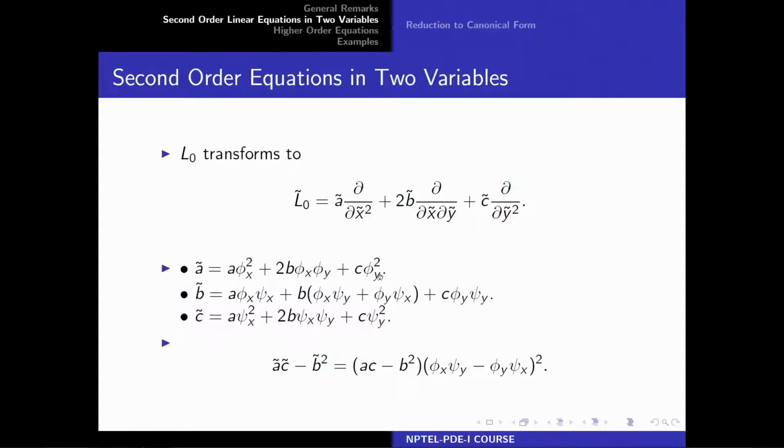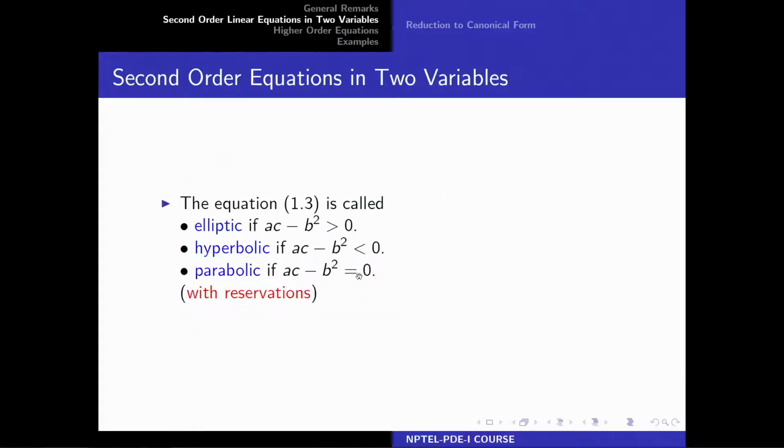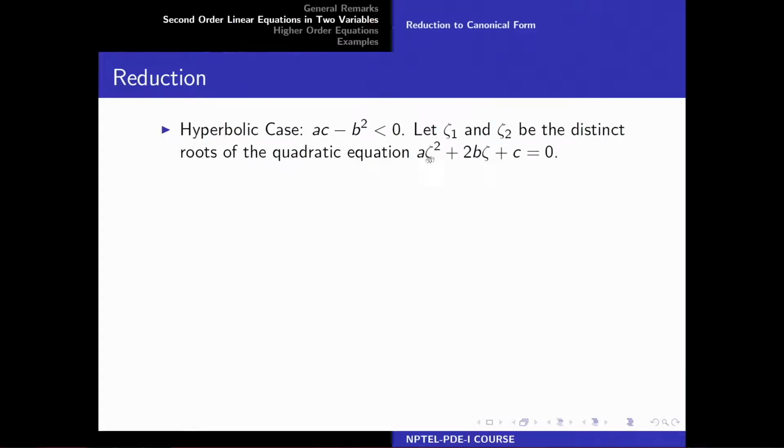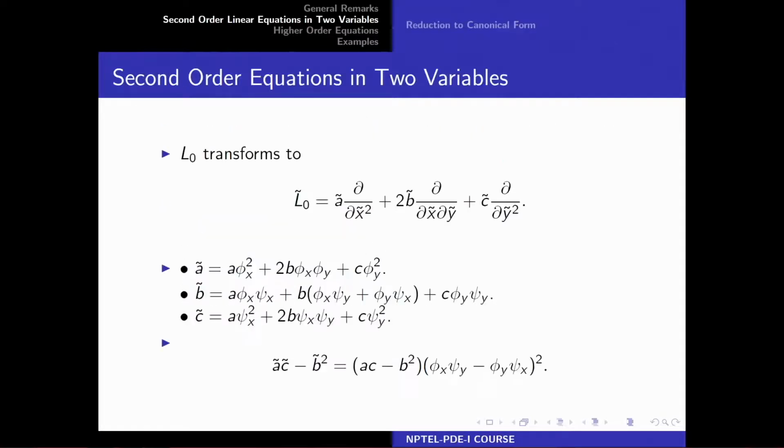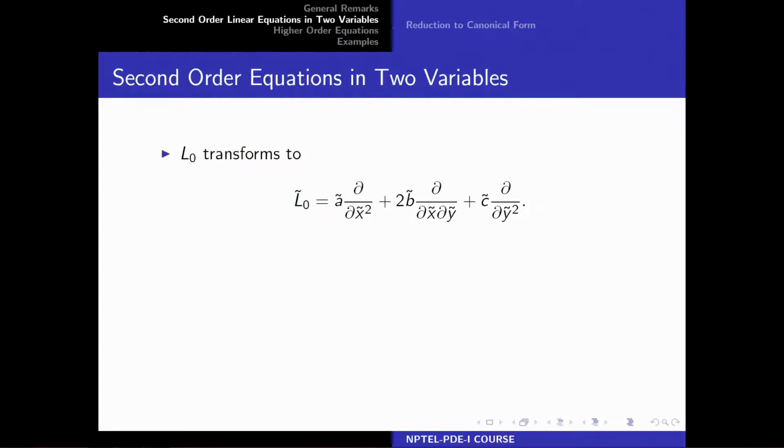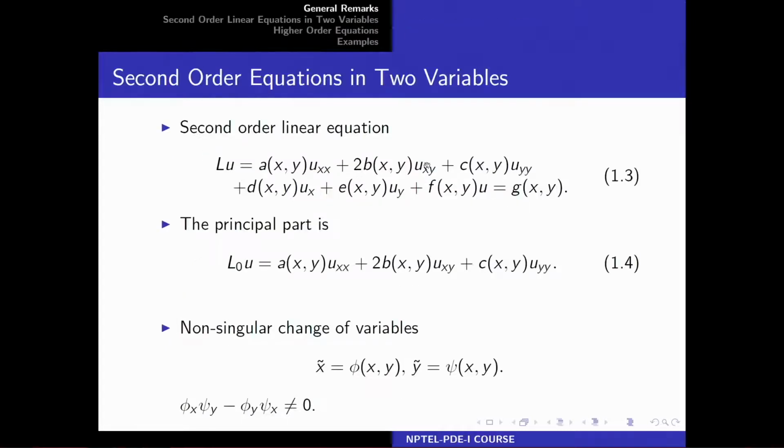So, for example, if phi y is not 0, I can divide by phi y square and then I get A phi x by phi y square, 2 B phi x by phi y, plus C, and that is exactly this quadratic, if I replace zeta by phi x by phi y. And phi x and phi y cannot be equal to 0 simultaneously because of the non-singularity condition.